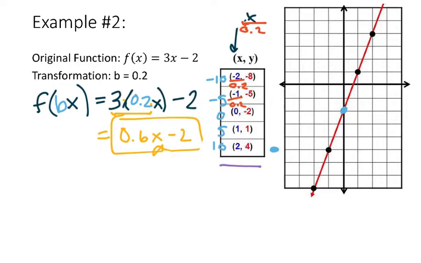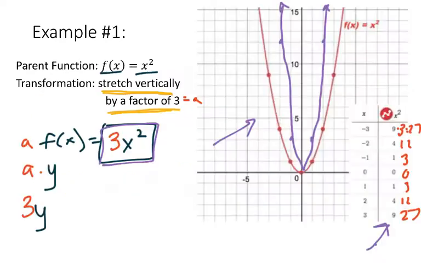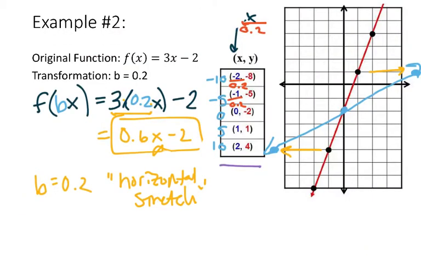So over here. And so hopefully you can see that to get to that new image, we did horizontally stretch, which is what the 0.2 is going to be doing. And again, we can reference back to our chart here, but a horizontal stretch is going to be between 0 and 1, and that's what we got for our b value there.